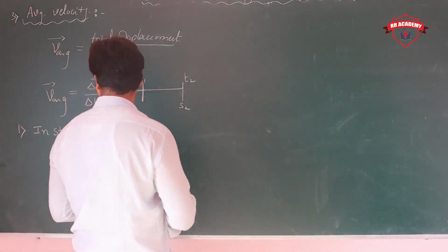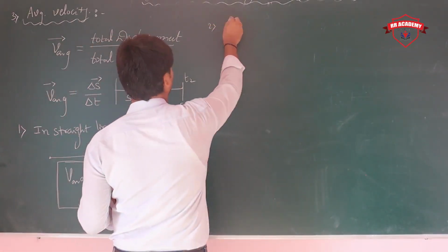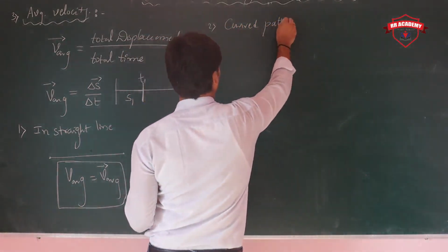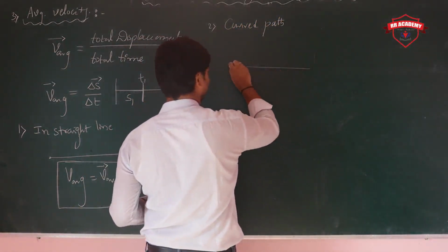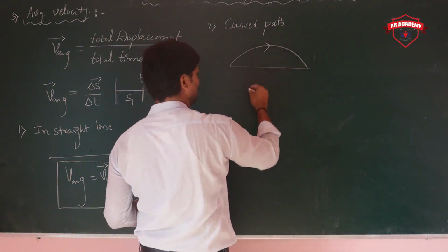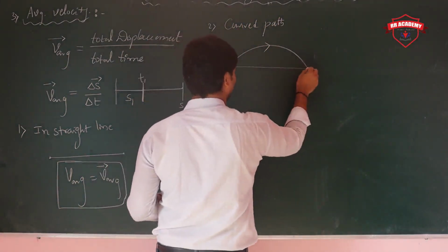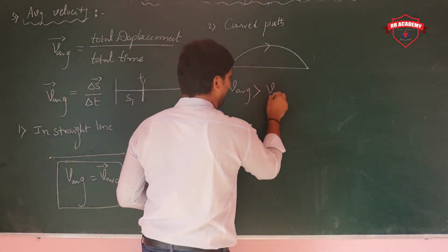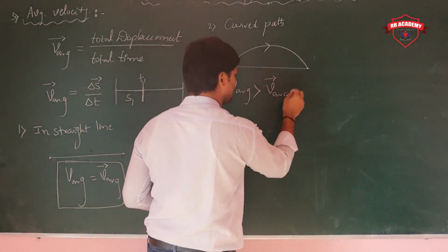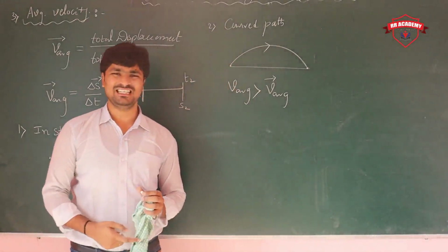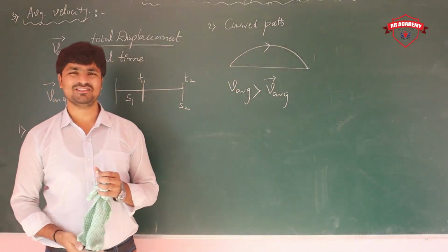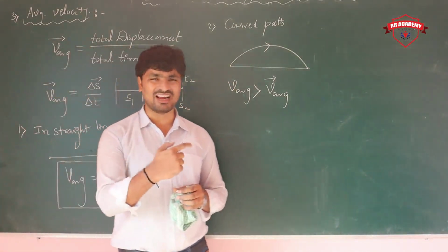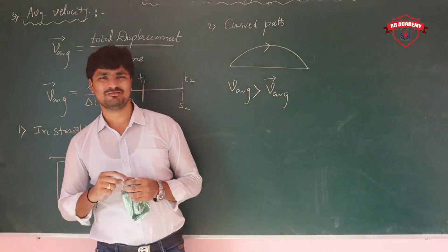In case the particle is moving in a curved path, whatever the curved path, the particle is moving like this. Then the average speed should be greater than the average velocity, because speed depends on distance and velocity depends on displacement. We know that if the particle is moving in a straight line, distance is equal to displacement.